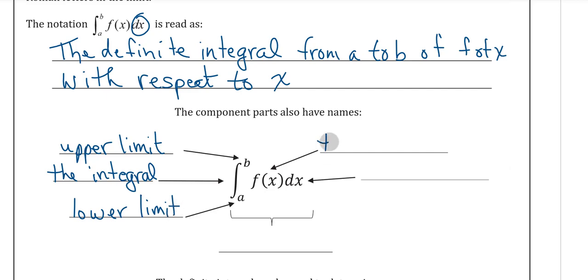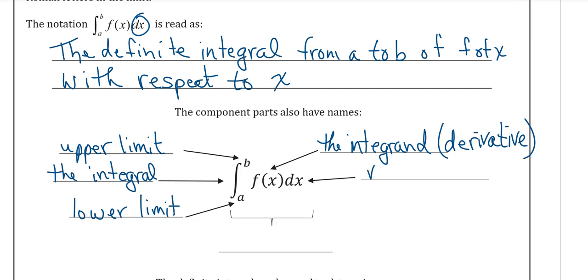There's our function, which is known as the integrand, and don't forget it is also the derivative of whatever function we are working with. And then the dx is our variable of integration. And so this whole thing is our definite integral.